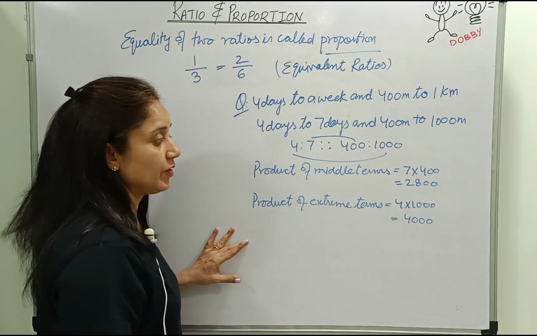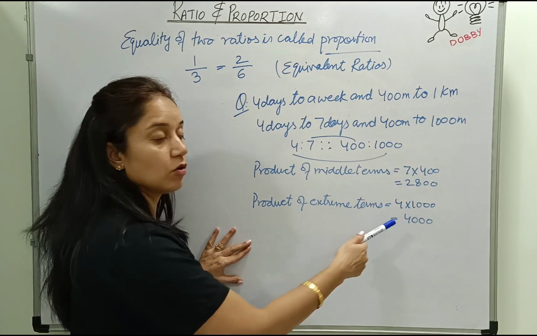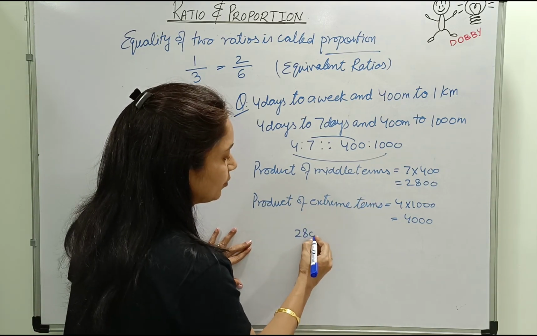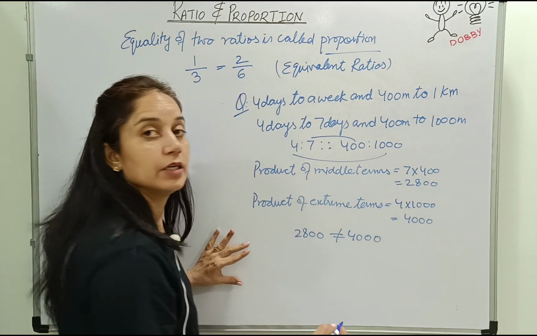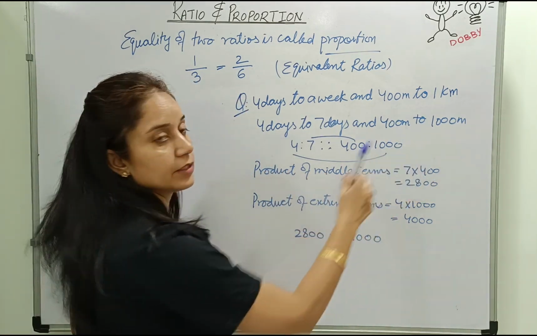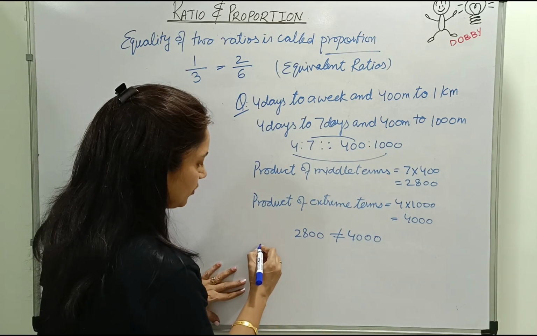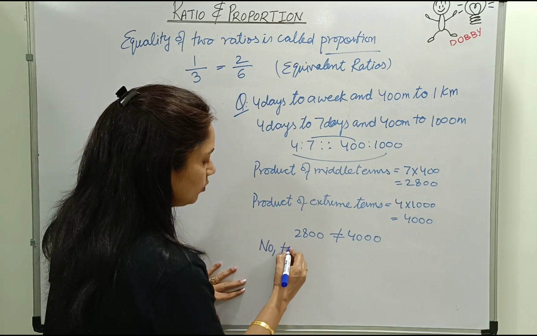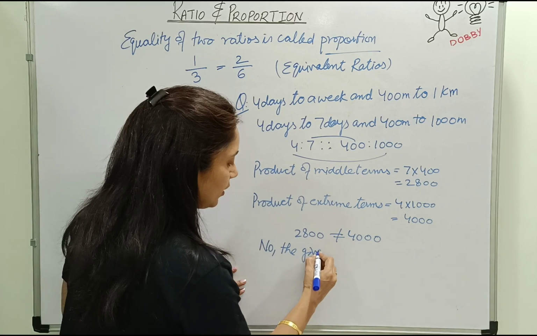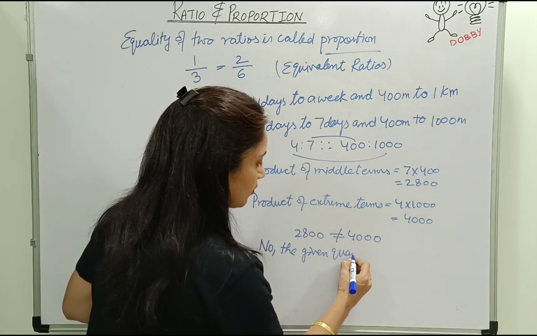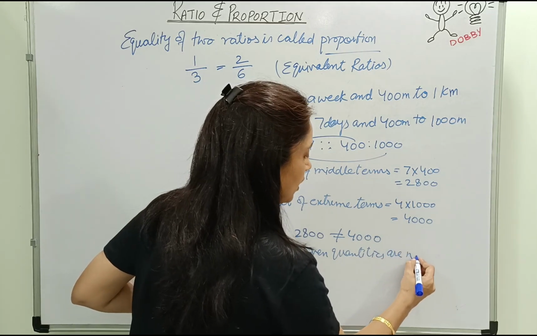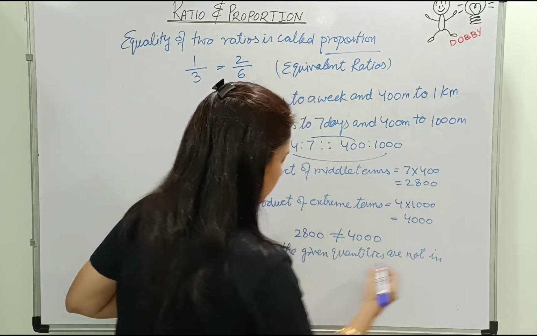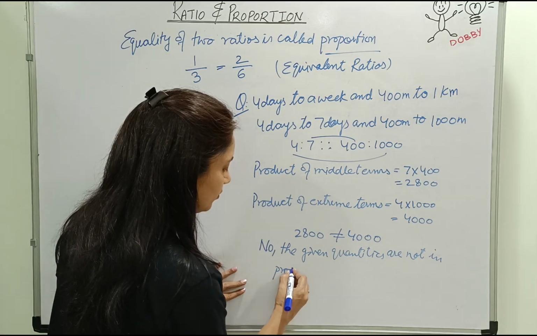So here clearly we can see that product of middle term is not equal to product of extreme term. 2800 is not equal to 4000. Thus the given quantities are not in proportion. So we will be writing no. The given quantities are not in proportion.